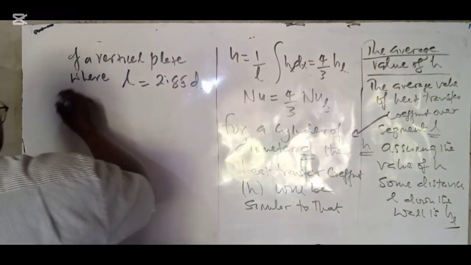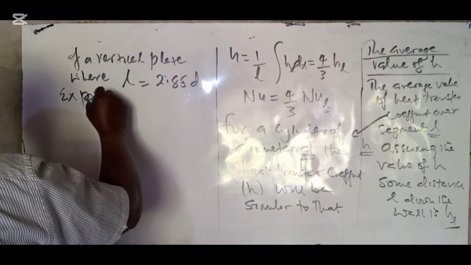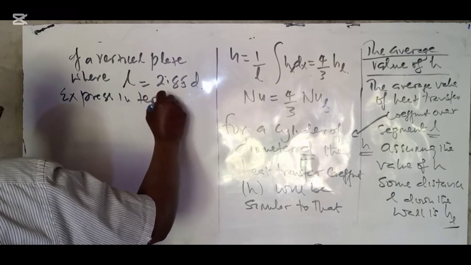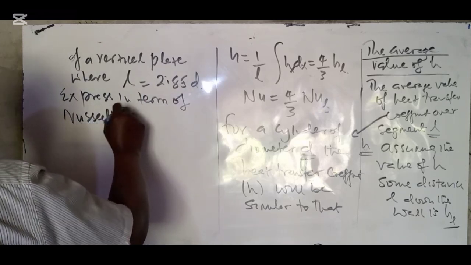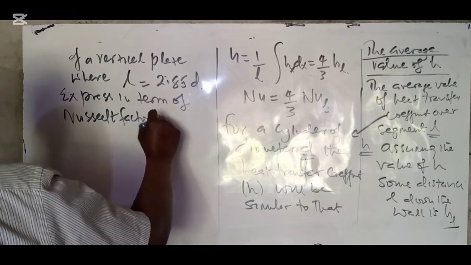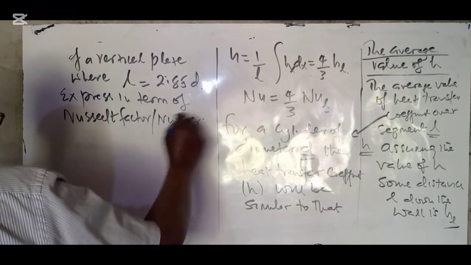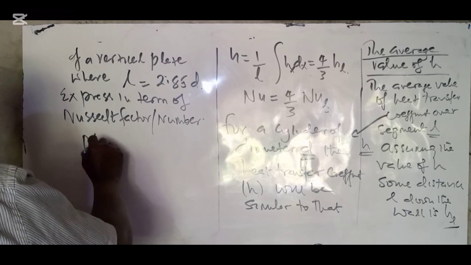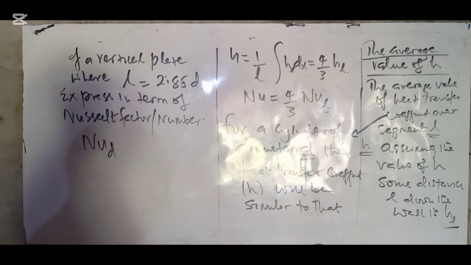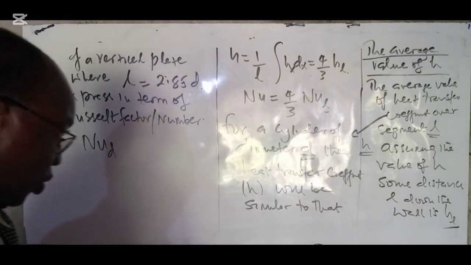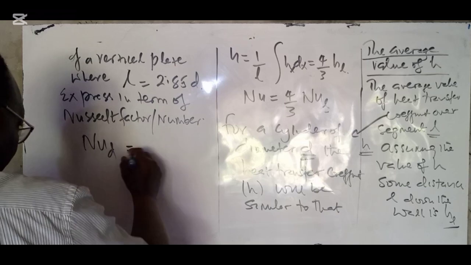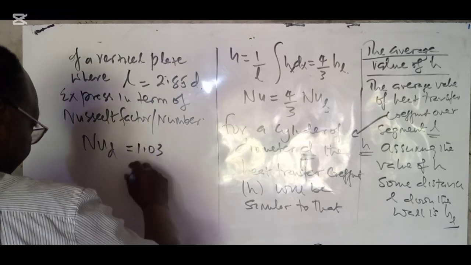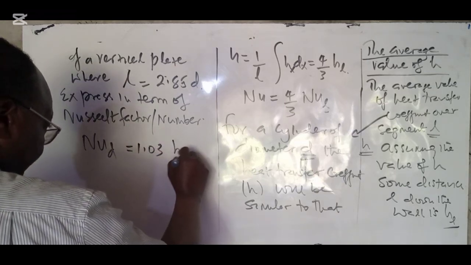And therefore, if you express it in terms of the Nusselt number, then the Nusselt number for this cylindrical unit whose diameter is D will just be the same, just multiply by a small factor to separate out things.